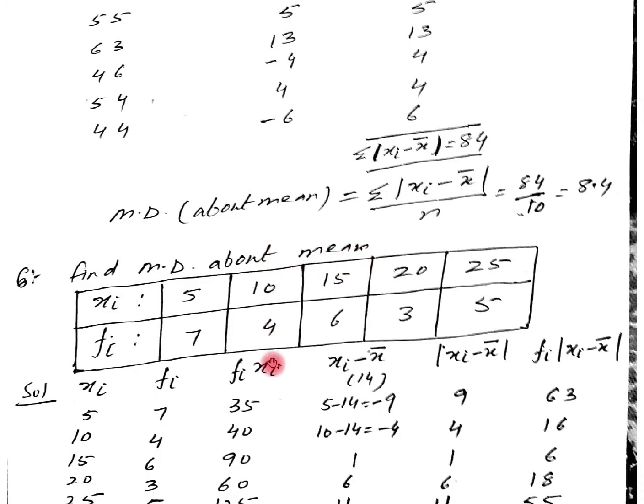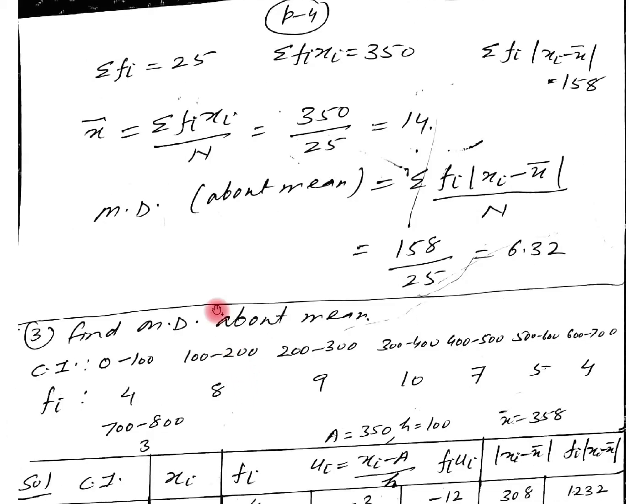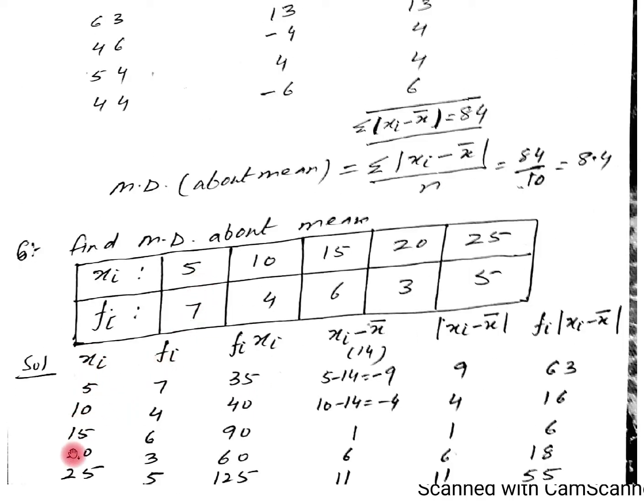For calculating mean, we have to make the columns. First column is xi, the second column is fi, which is given. Then you have to make the column fi xi by multiplying these values. This is for calculating mean.